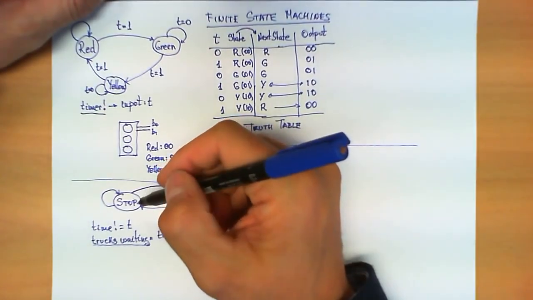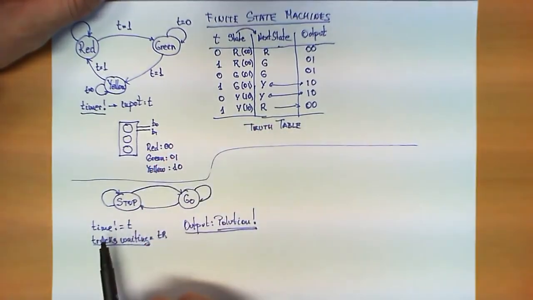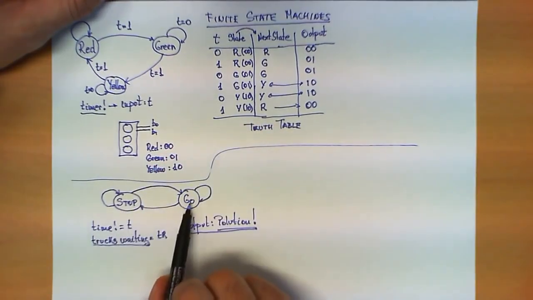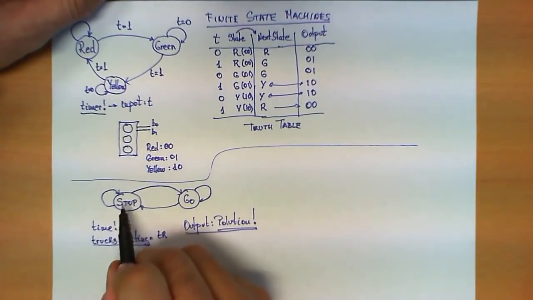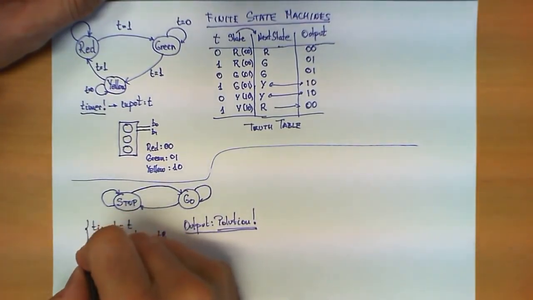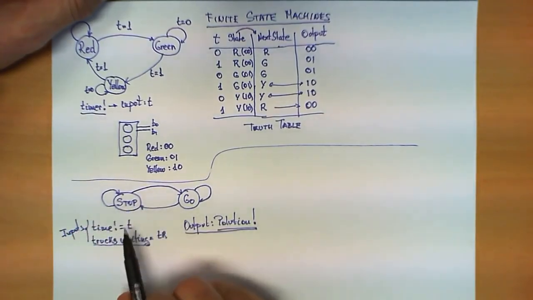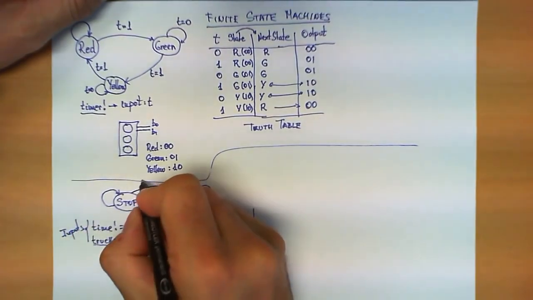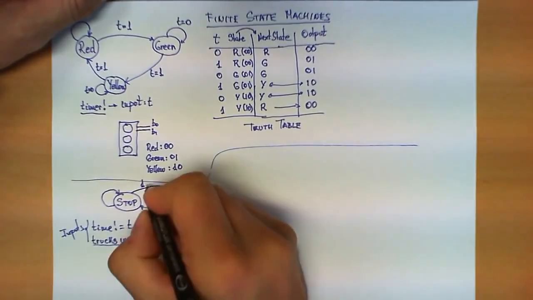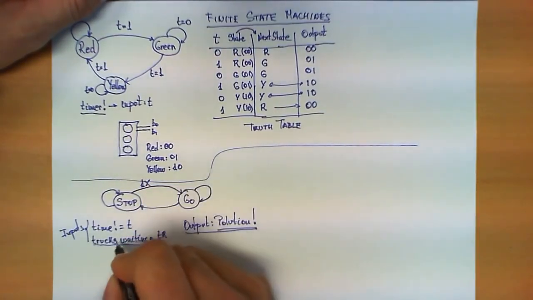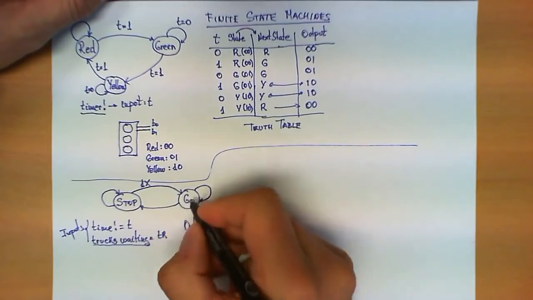The easy ones to make the transition are from this state to this state and from this state to this state. So if I am at the stop state, so these are the two inputs. If I am at the stop state and the timer tells me that it's time to make a transition, I don't care what is the value of trucks waiting, I'll just make another transition.